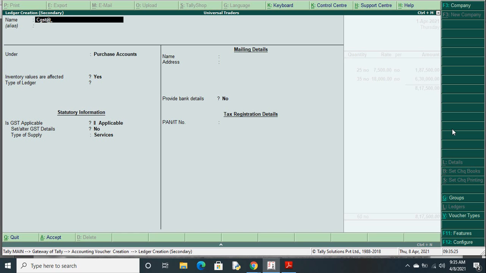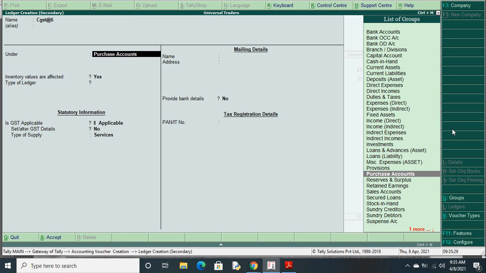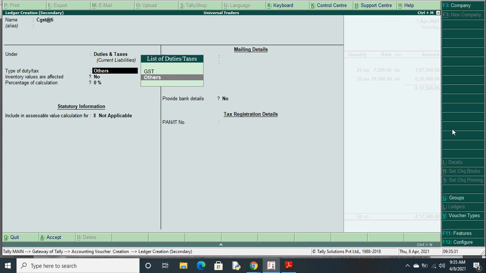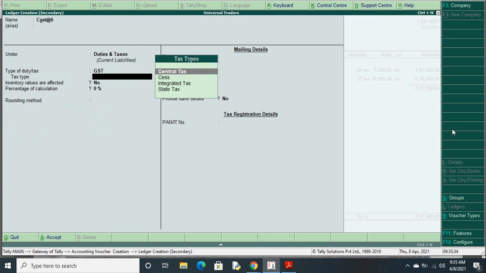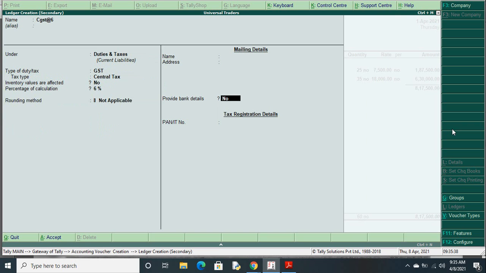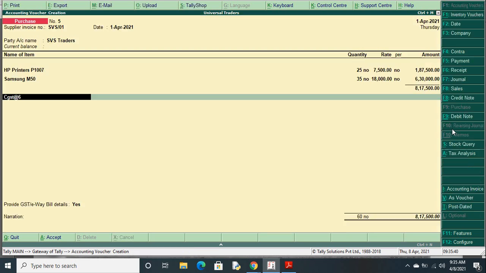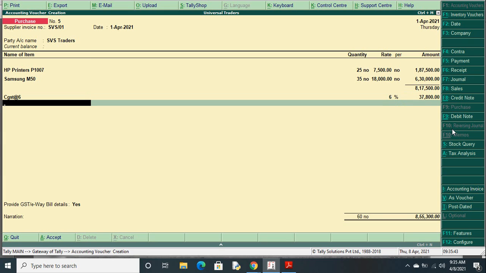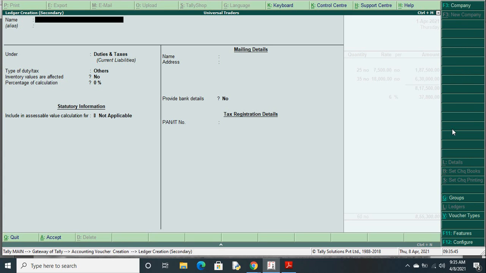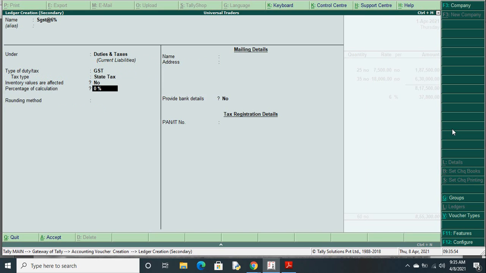CGST at the rate 6% under duties and taxes, GST, central tax, it is 6%. Next, SGST at the rate 6%, duties and taxes, GST, state tax 6%.